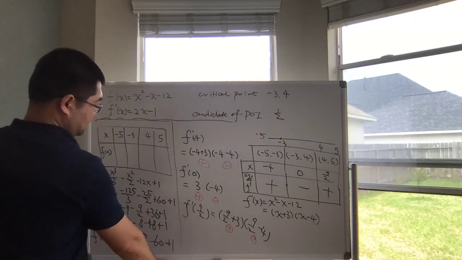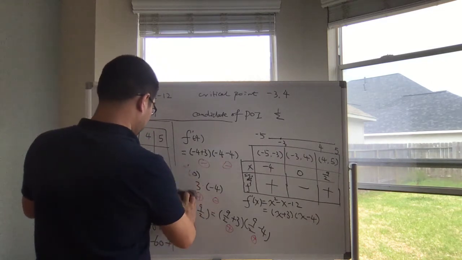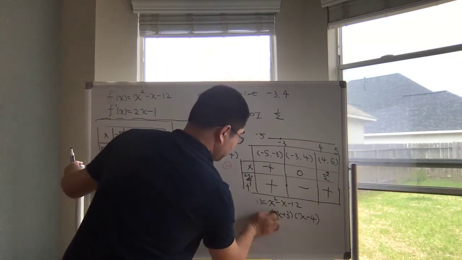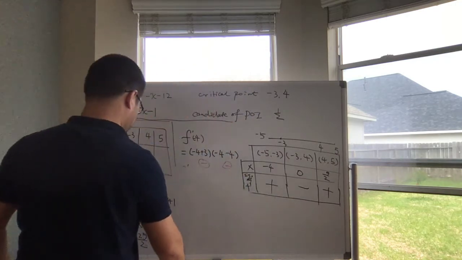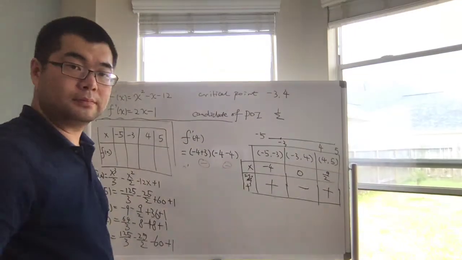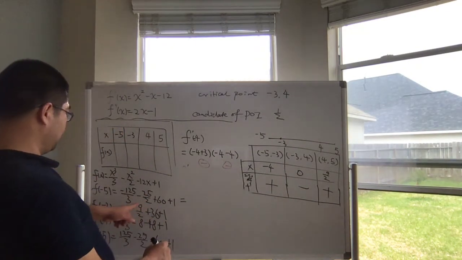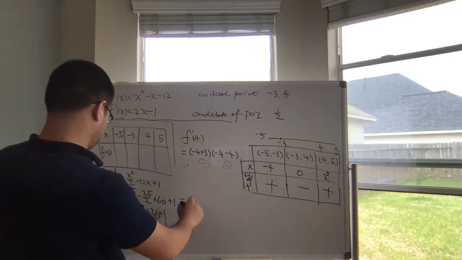We can erase this part and try to do some basic algebraic operations here. Let's see. Let them have the same denominator, 6.